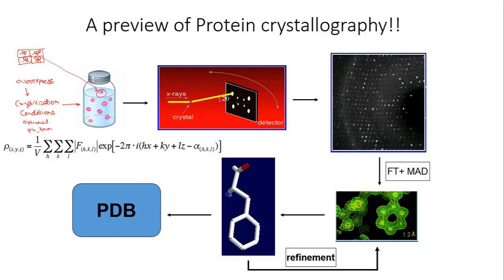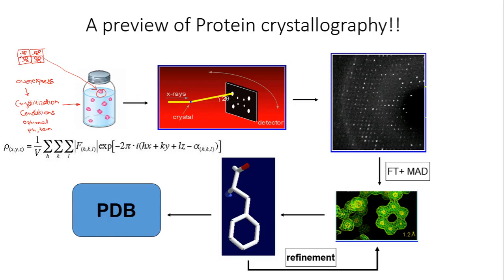and thus we say that we have obtained the crystal. Okay, so this crystal will not contain a single protein molecule. It would contain an array of protein molecules that are periodically arranged around each other in a specific way. So your crystal would contain periodically, or you can say symmetrically, arranged protein molecules.